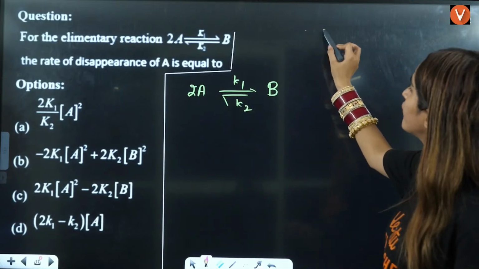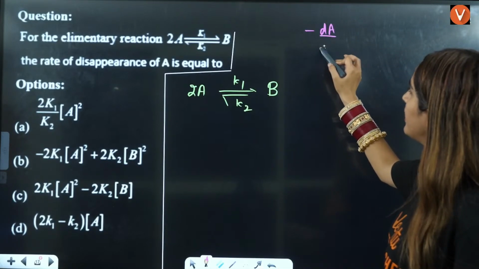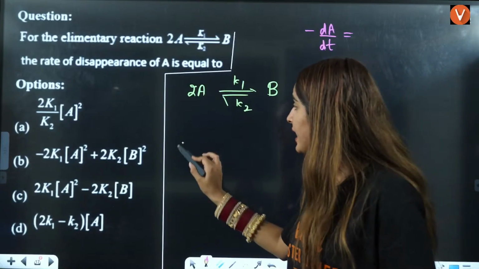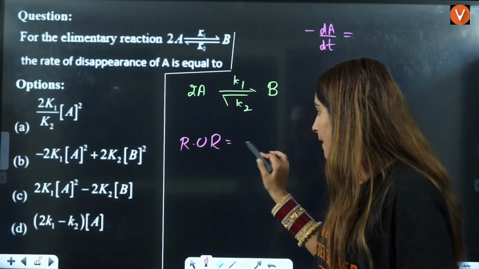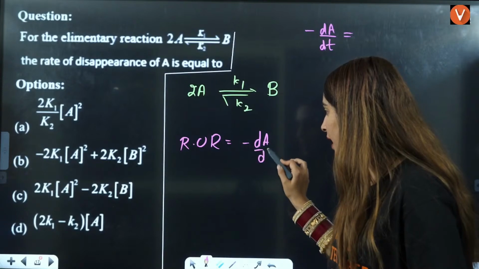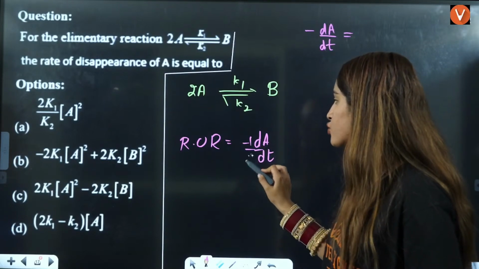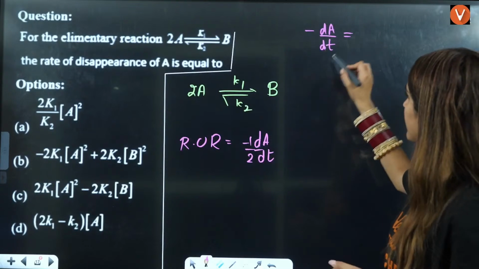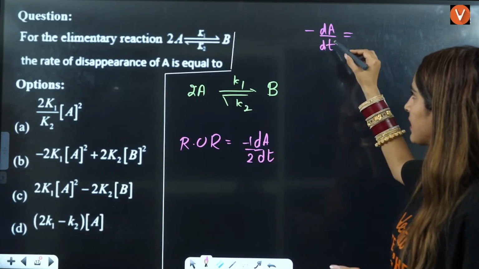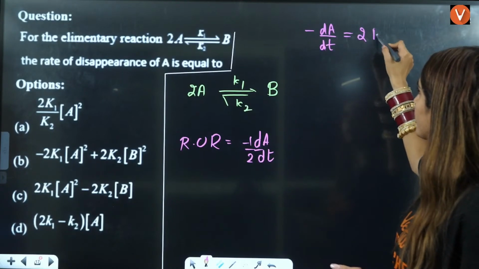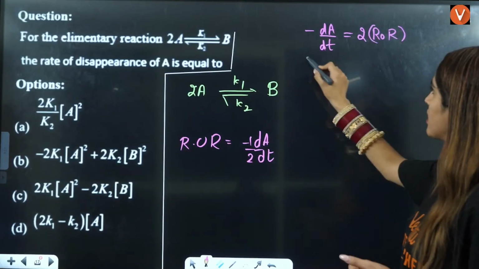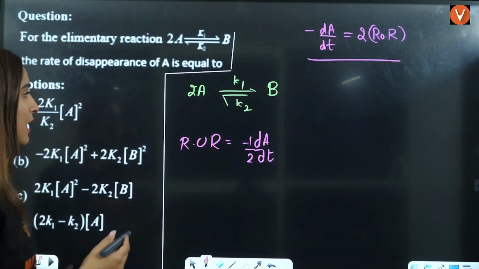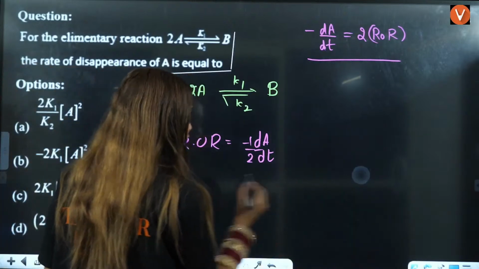The rate of disappearance is dA by dt. Rate of reaction is minus dA by dt divided by the number of moles, that is 2. So rate of disappearance will be equal to 2 into rate of reaction.